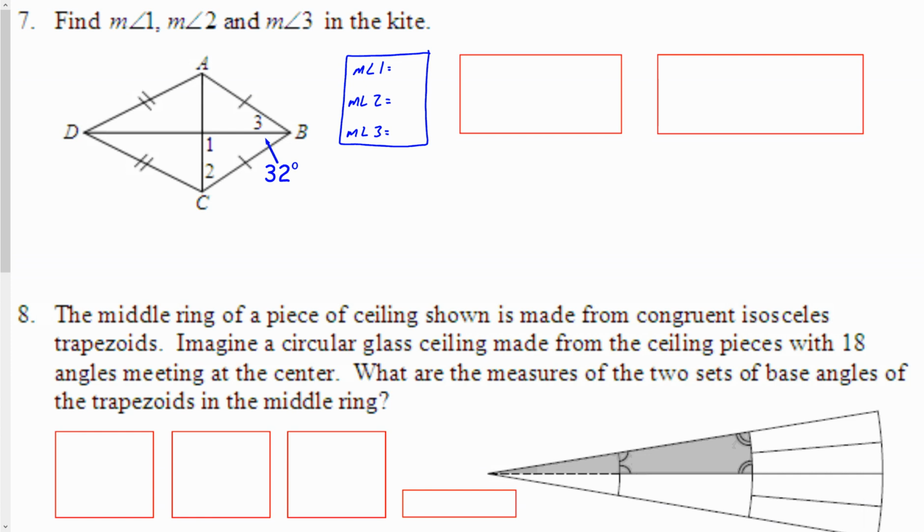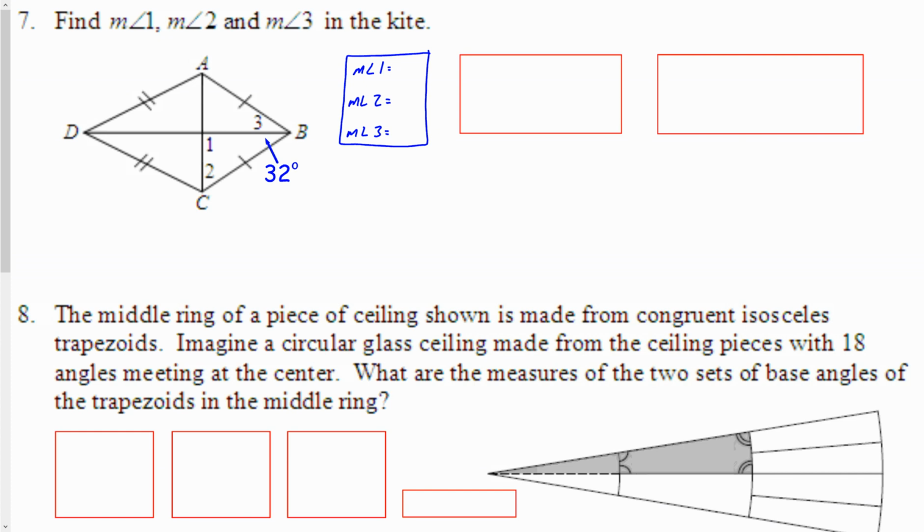Number 7 has us trying to find different angles within a kite. So make sure you add the 32 degrees for angle CBD. That's given information. So the easiest angle to find the measure of here, hopefully, is the measure of angle 1.